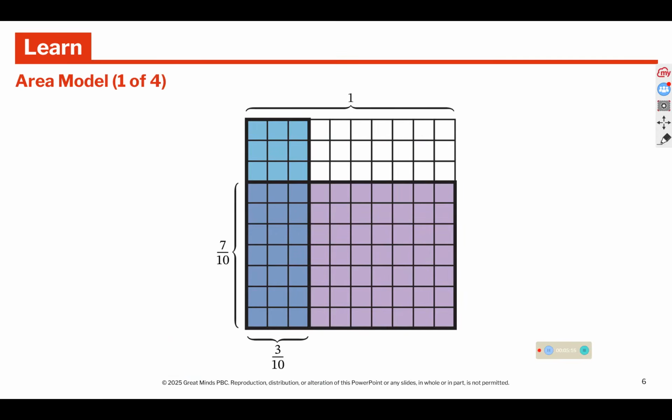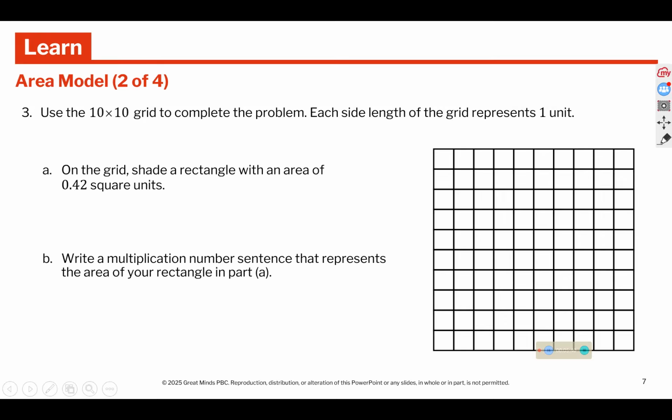When multiplying decimals, we're thinking about the place values. You can see here that 7/10 or 0.7 is represented by filling 1, 2, 3, 4, 5, 6, 7 rows out of 10 rows, and 3/10 would be filling in 3 columns out of 10 columns.